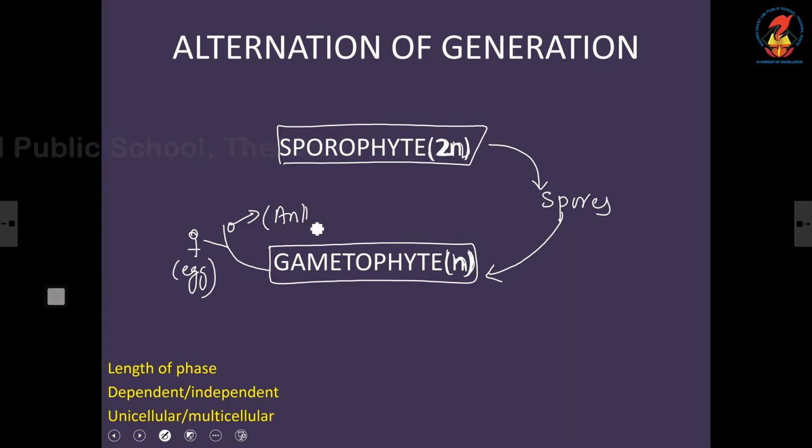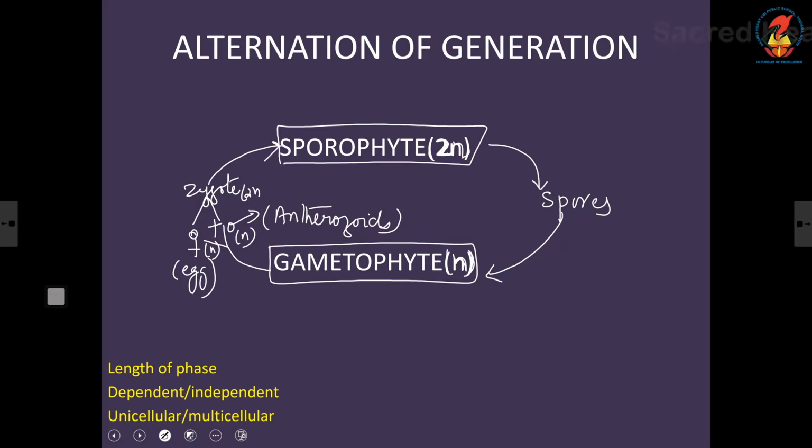In plants it is called the antherozoid. These 2 gametes fuse and form the zygote. Here it is N and here it is N, so we get 2N, and this zygote develops into the sporophyte. So from this, let me elicit the difference between sporophyte and gametophyte.